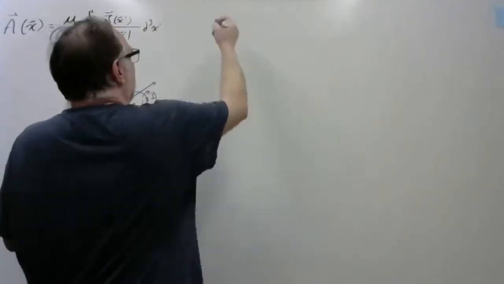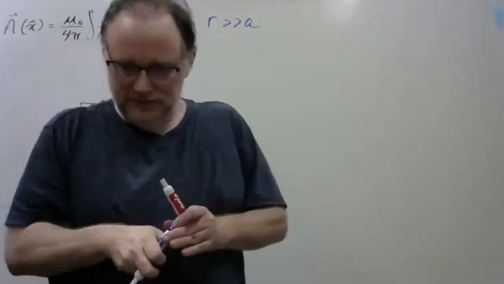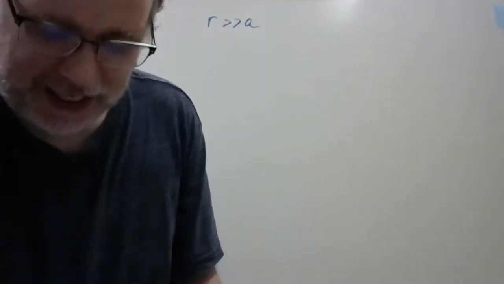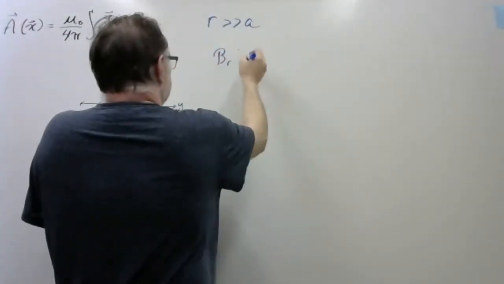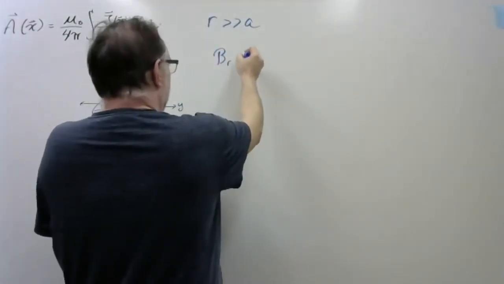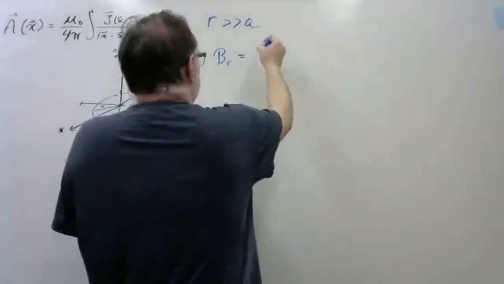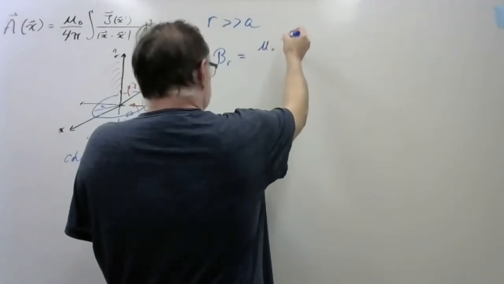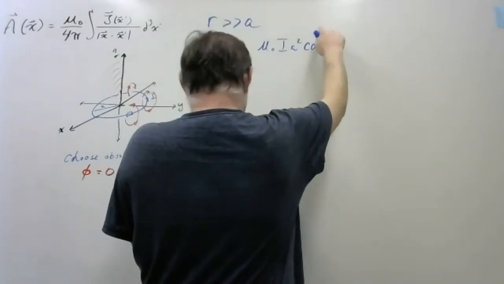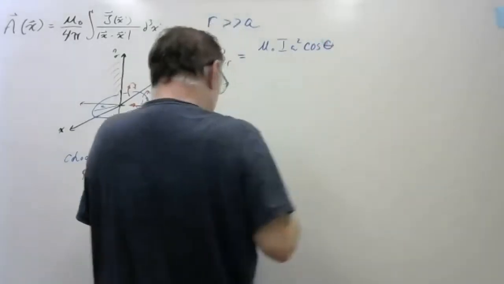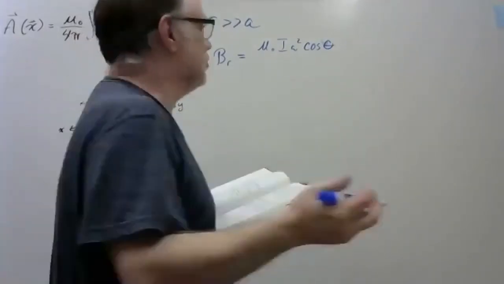Now, the situation where we take r much, much greater than a. So once again, if we take r much, much greater than a, then for B sub r, whenever I'm adding the r squared and a squared, I can neglect the a squared. So we got mu naught I a squared cosine of theta, and also we can neglect all the other terms because they are higher powers in a squared plus r squared.